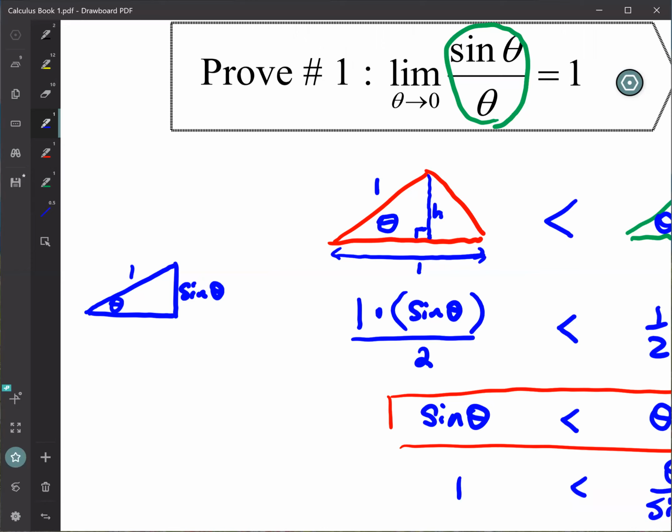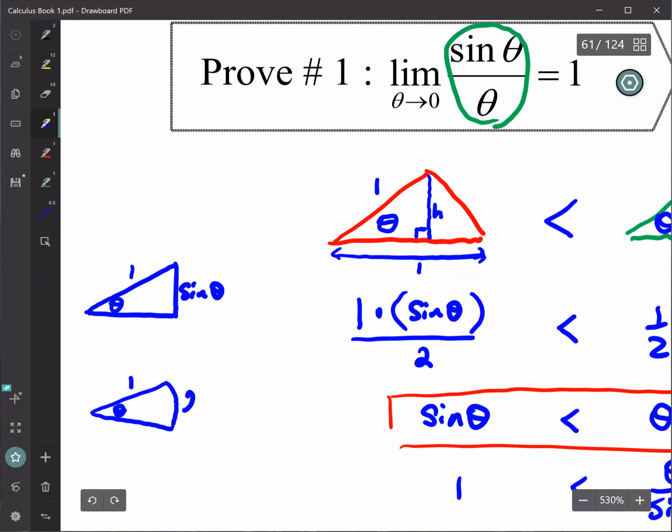And then you have the arc, which is theta here, right? Radius is 1. The formula for arc length, if you remember, arc length is theta times, anyone?